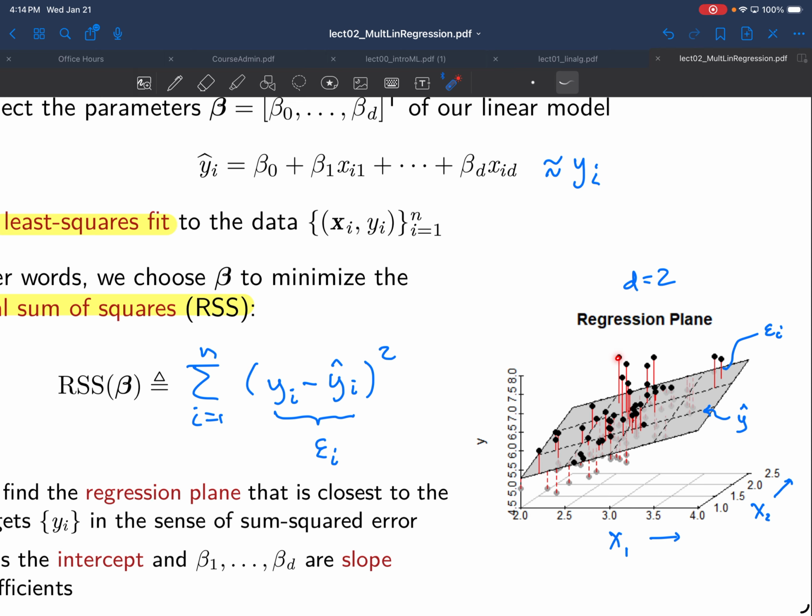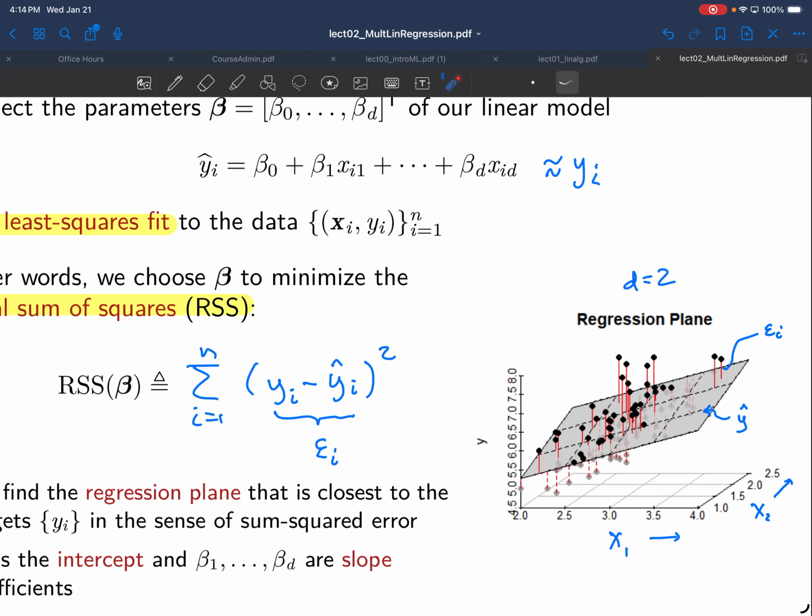You can see all of our data points, which are these black dots, and then you can see the prediction model, which defines a prediction y hat for every possible value of x1 and x2. You can look up that value and find the corresponding prediction. And if you look at the difference between that prediction and the actual data, those are these red lines, and they show you these epsilons. They show you the error.